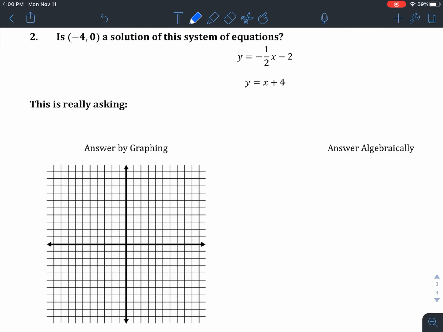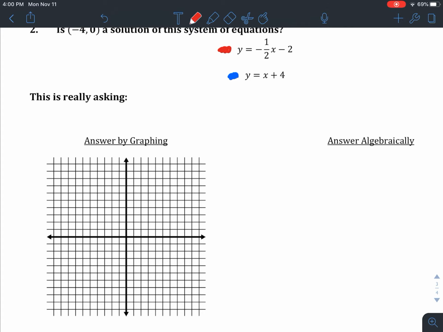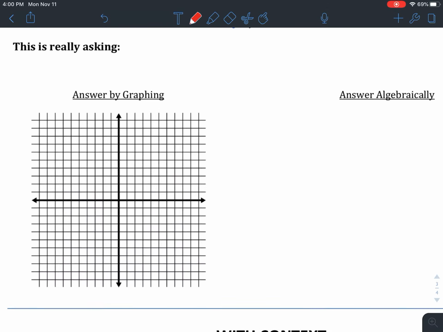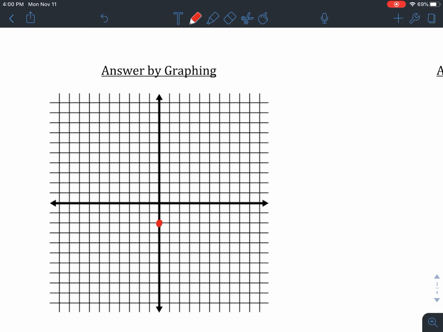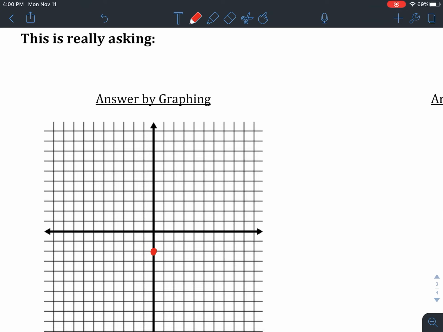So my top one, I'll do bottom in blue, top in red. For my top graph in red, my y-intercept is negative 2, which is right there. My slope is negative 1/2, so down 1 over 2 is those 2 points right there.